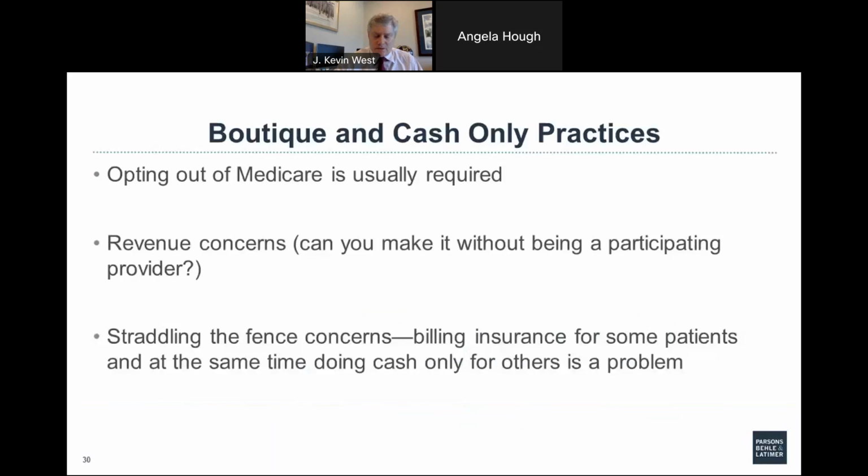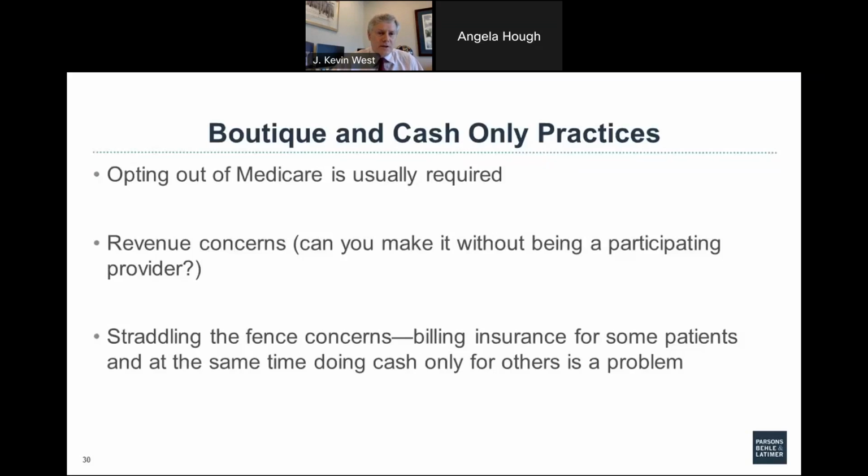So when a provider decides to transition from the traditional insurance or Medicare payer model to having a cash-only practice or a boutique practice, that's a major transition. It's really a night and day mode of practicing. If a practitioner is in the Medicare system, it is usually going to be required that they do what is called opting out.